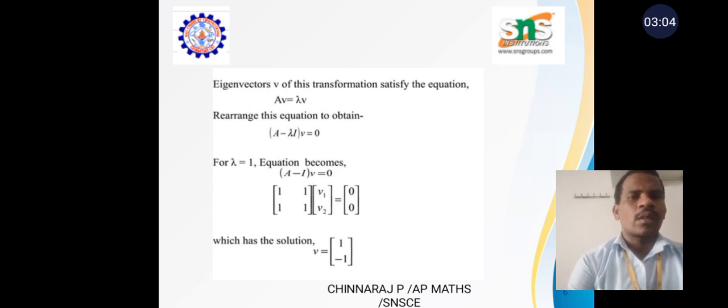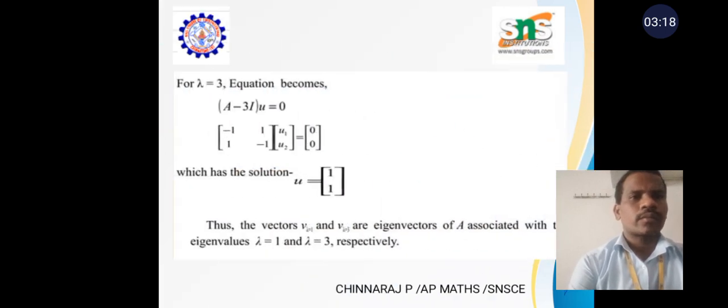That means [1, 1; 1, 1] times [V1, V2] equals [0, 0]. Therefore, the solution is V equals (1, minus 1). For lambda equal to 3, the equation becomes (A minus 3I) U equals 0. Simplifying, we get U equals (1, 1).